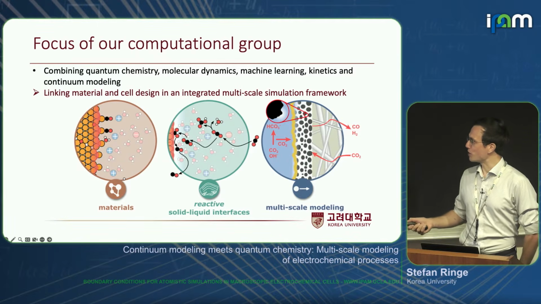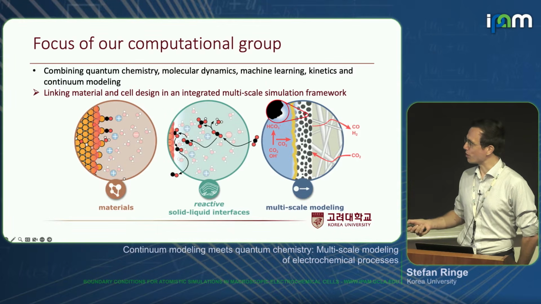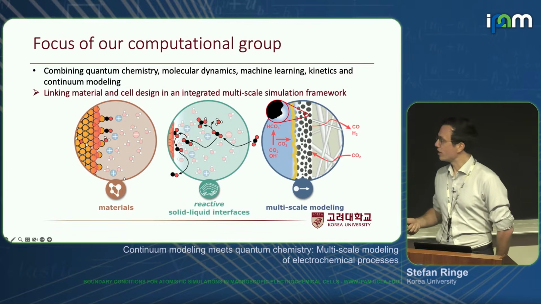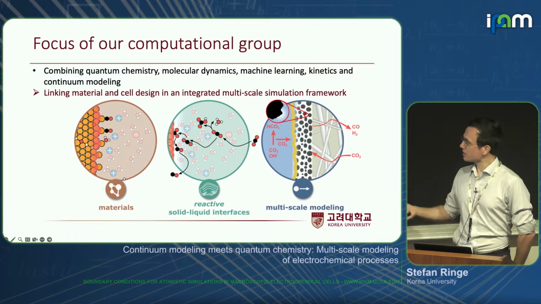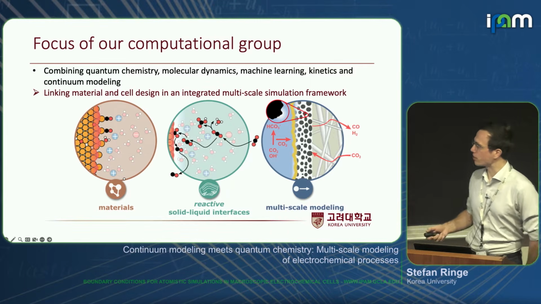So our group is divided into 3 different parts, and the first part deals usually with materials and their properties, the electrochemical reactions that happen on these electrodes, how the structure of the electrodes changes, and all of that under the conditions that we usually have in electrochemical systems. And the second part of my group tries to understand in more detail how the structure of these interfaces looks atomistically.